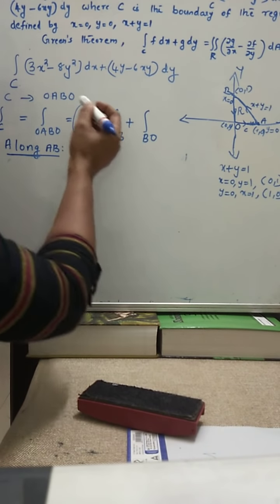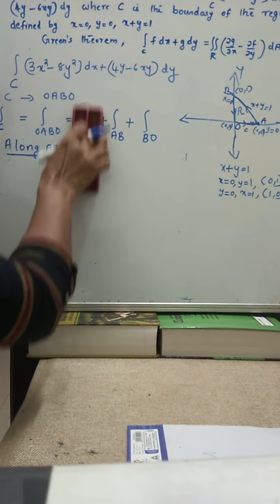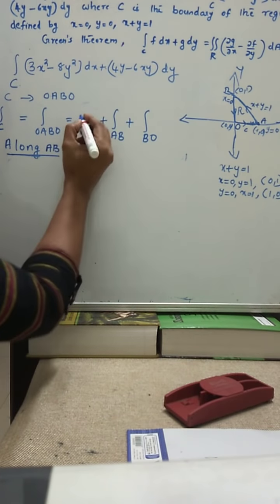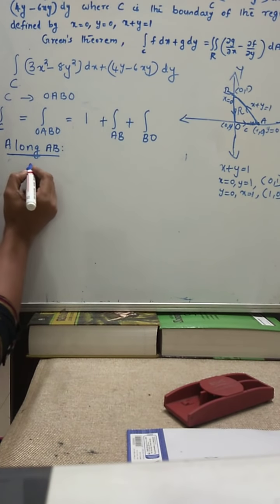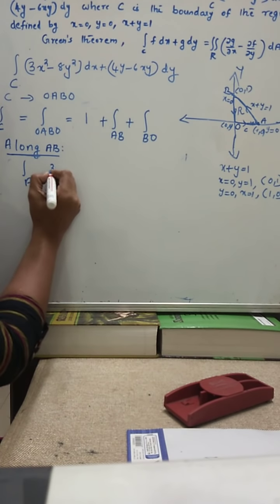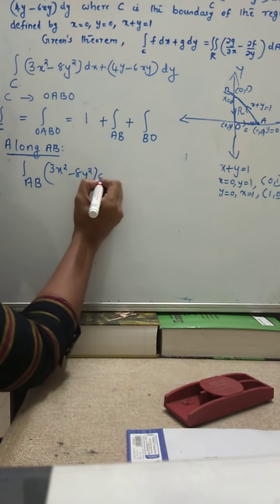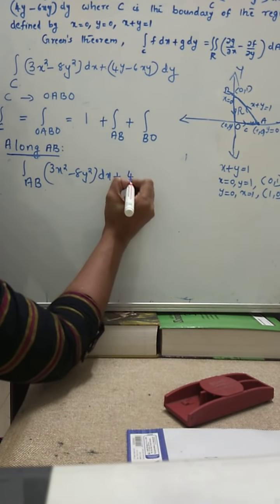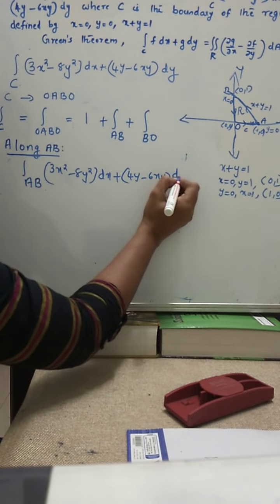So we got the integral along OA equal to 1. Now we evaluate the integral along AB, that is the integral along AB of (3x² − 8y²) dx + (4y − 6xy) dy.